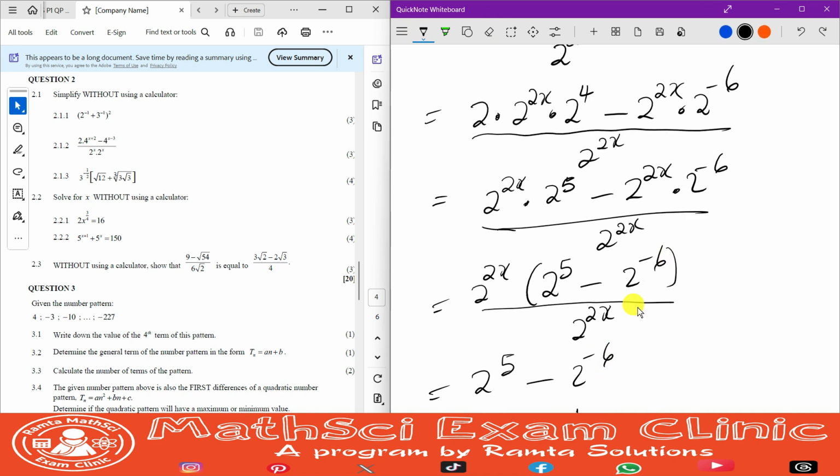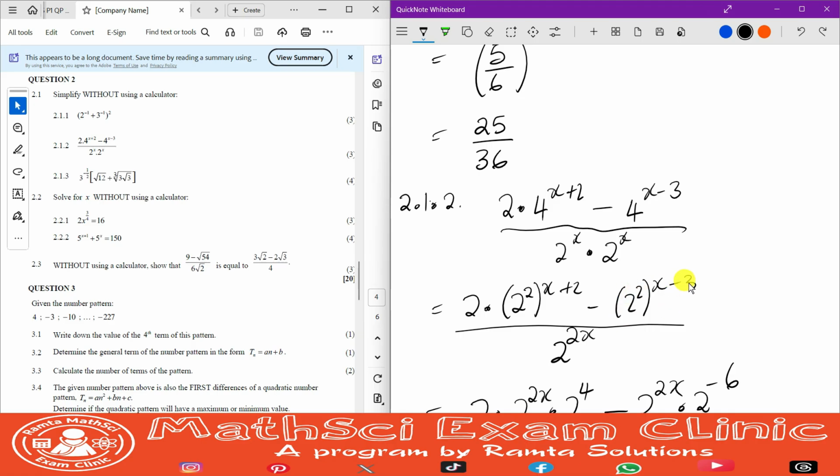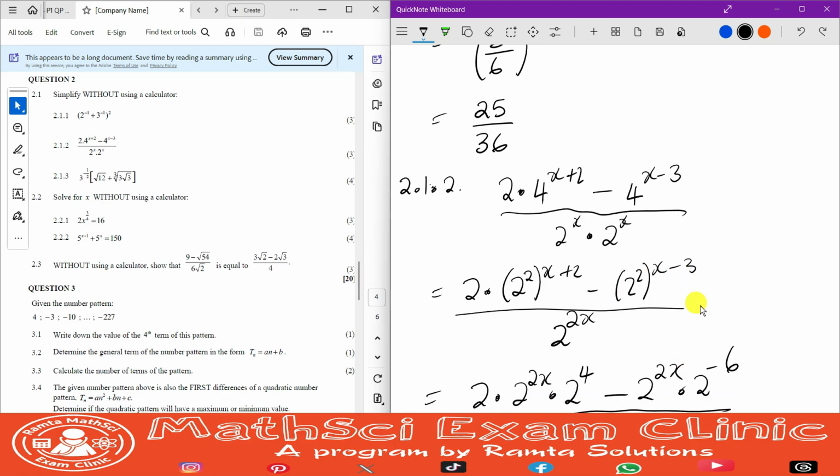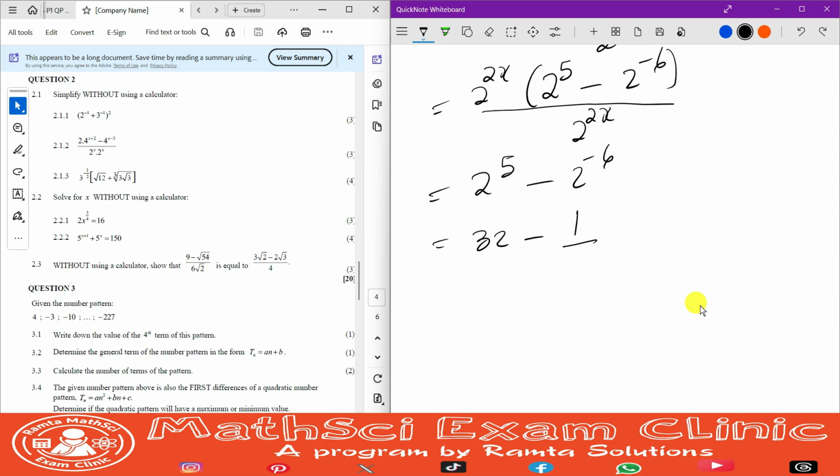If you're wondering why negative 6, 2 times 3 is 6. So 2 to the power negative 6 is the same as 1 over 64.